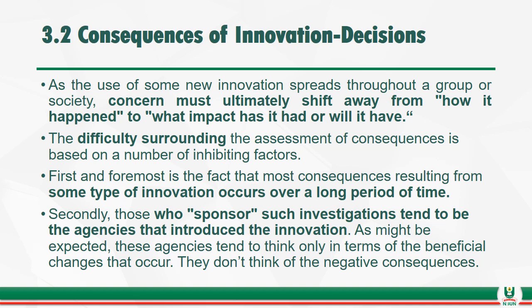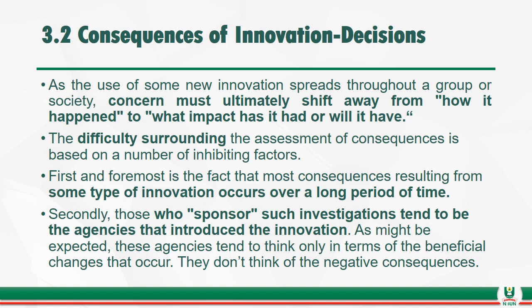As the use of some new innovation spreads throughout a group or society, concern must ultimately shift away from how it happened to what impact it has had or will have. Okay, the difficulty surrounding the assessment of consequences is based on a number of inhibiting factors. The first is that results from some types of innovation occur over a long period of time.